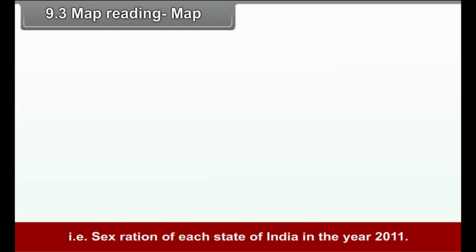It is a map of India that has a very specific theme, that is, sex ratio of each state of India in the year 2011. Different shades are used for different ranges of ratio of females per thousand males. Besides shades of color, actual sex ratio of each state is also given.